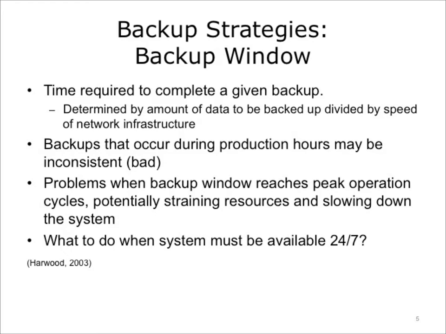In a small organization, backups can complete in a small window outside of production hours. An off-hours backup is advantageous because you may assume no changes to the data will be made during the backup. Any change to a backup midstream may lead to an inconsistent and therefore flawed and possibly useless backup.